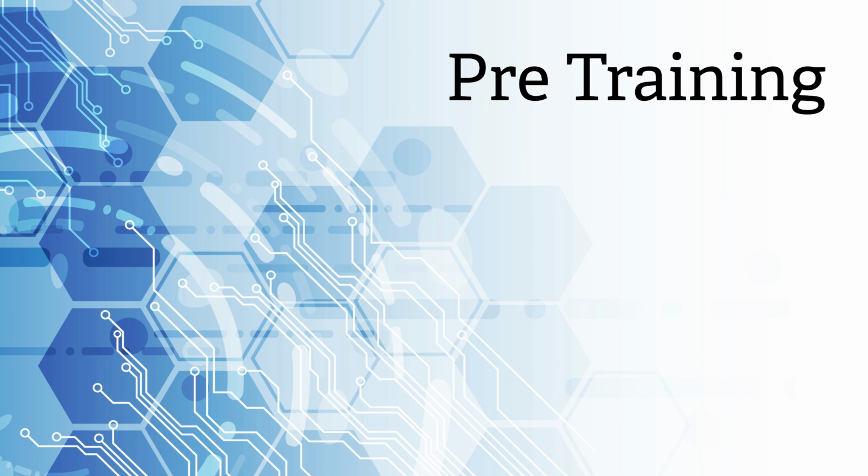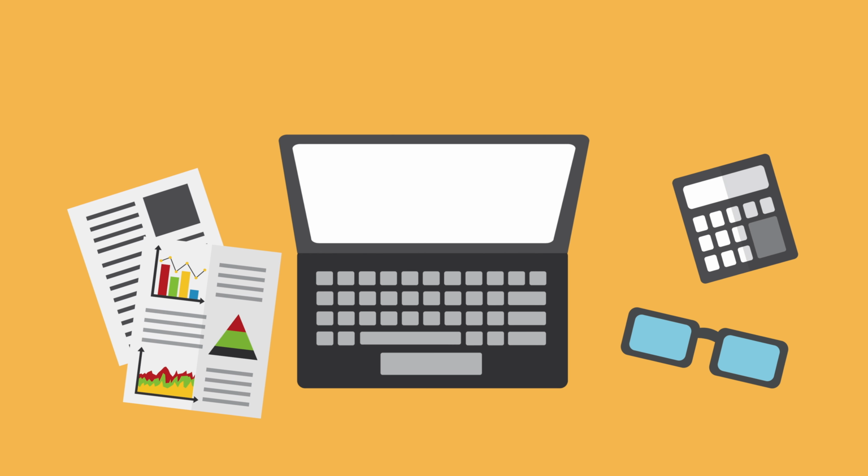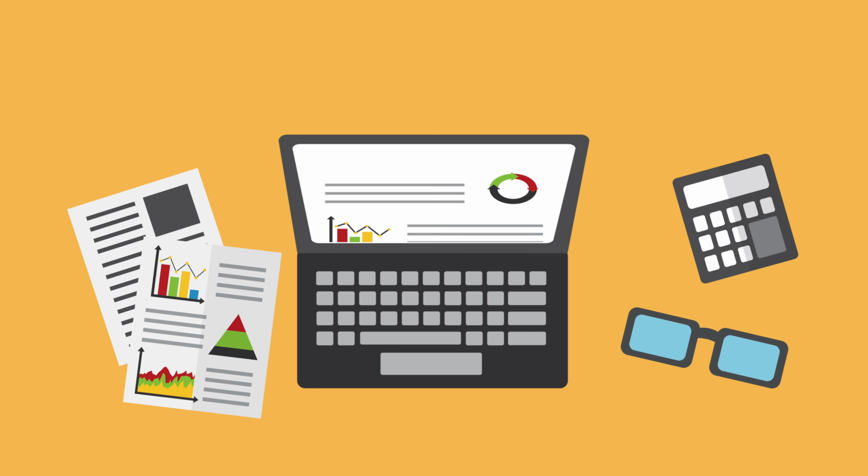Let's start with understanding what pre-training is. Pre-training involves training the models on a vast amount of data, which includes websites, code, and books. In the case of multimodal models, it can be images, videos, and other modalities.